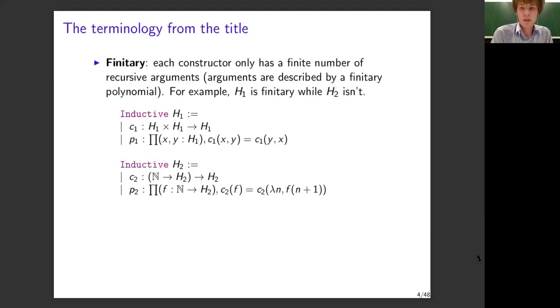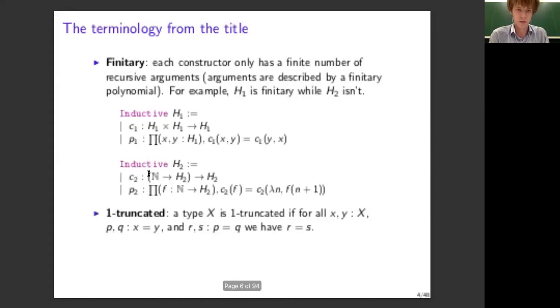An example of a finitary higher inductive type would be H1 here. Here you have a constructor C1, which has two recursive arguments. A non-example would be H2, because in C2 you have an infinite amount of arguments of H2, so you have an infinite amount of recursive arguments.